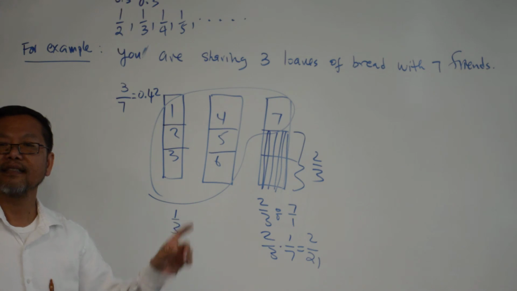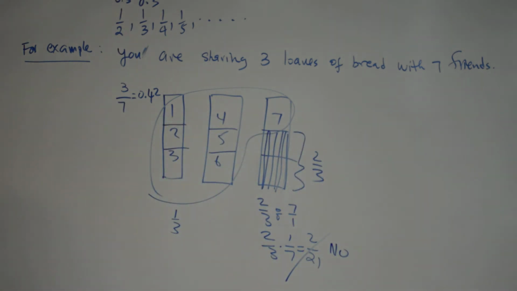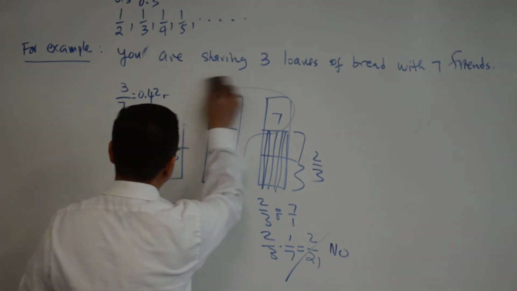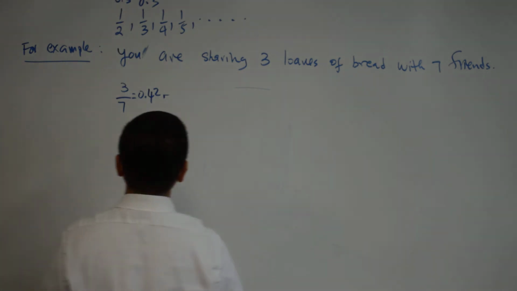No, right? Because it's not a unit fraction. So we have to go to the next unit fraction, that is a quarter. So this one we cannot do. So we have to start with a quarter now.